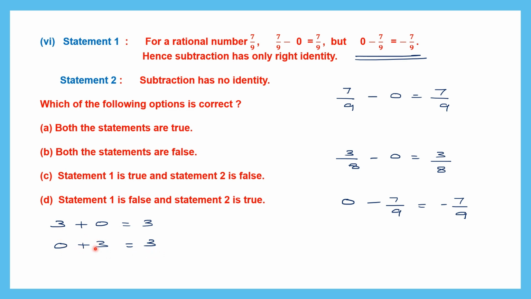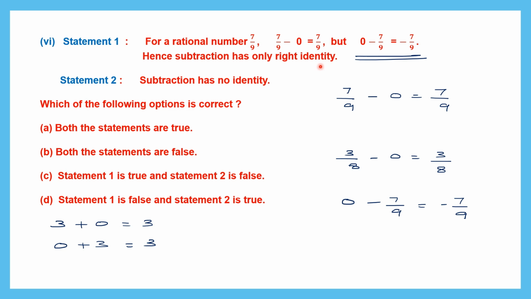So in the case of addition, I can say addition has 0 as its identity. Whereas in the case of subtraction, 0 is considered only a right identity because it works only in one direction like this. It doesn't work in the other direction. So we say subtraction has only right identity.